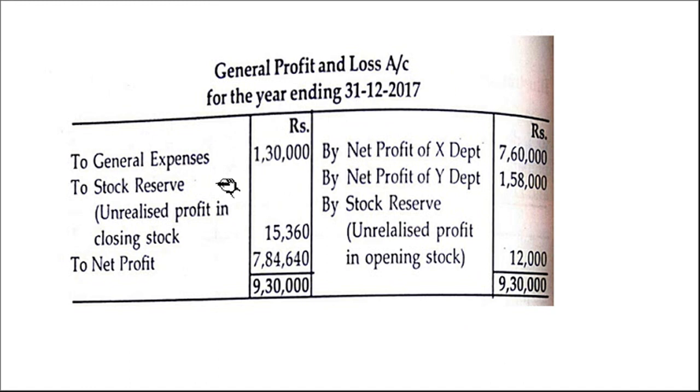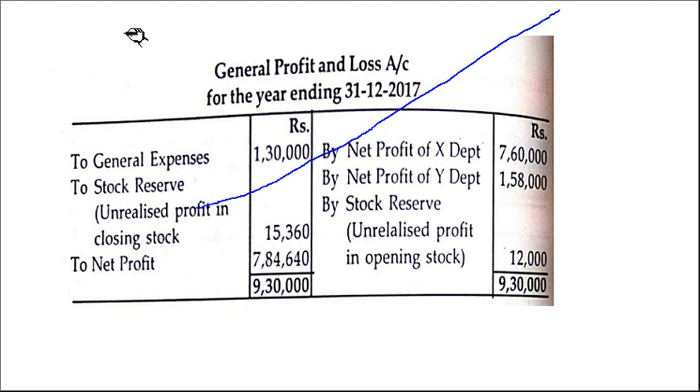How to write? I told you, you have to exclude it, and you can exclude it by passing reverse entries. See here, where does the closing stock come in the trading account? Debit side or credit side? Closing stock is on the credit side in the trading account. So we have to give the reverse entry. That means for stock reserve, the unrealized profit on closing stock, we write here, to stock reserve.